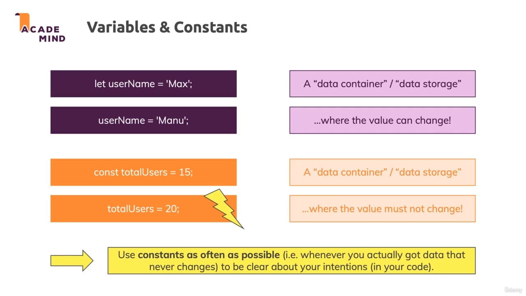If you have a value which actually never changes throughout the life cycle of your program or of the part of your code where you use it, well, then you want to make that clear so that if any other developer ever reads your code, they quickly understand that this piece of data is never going to change. It simply makes your code easier to understand for others. Now, that was a lot of new and very theoretic knowledge. It will make more sense once we use it, so let's use it.